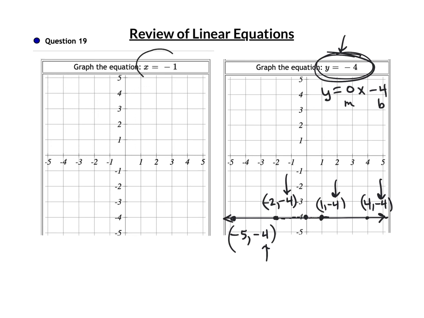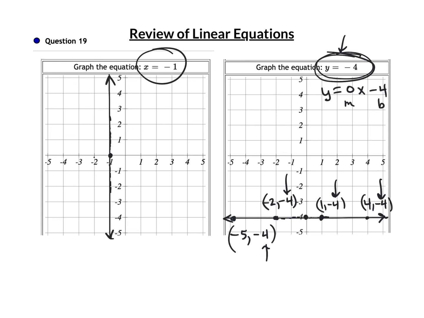Think about what happens then if you want to graph x equals -1. X always has to be -1. It's -1 right there, but notice if I go to the left, it would be -2. If I go to the right, it would be 0. That doesn't work. I can't go left or right. What I have to do then is go straight up and straight down.